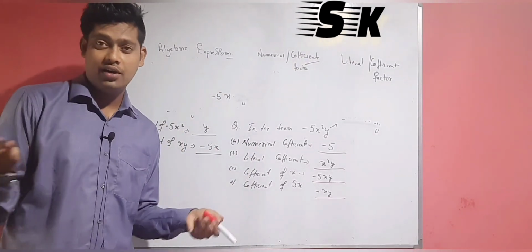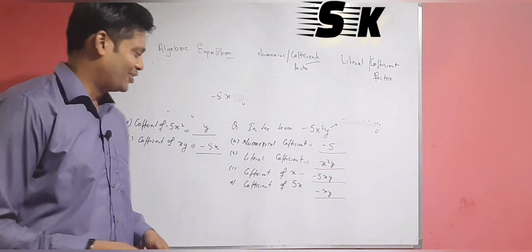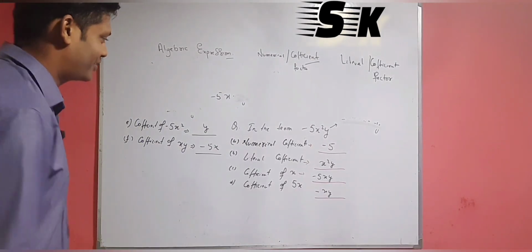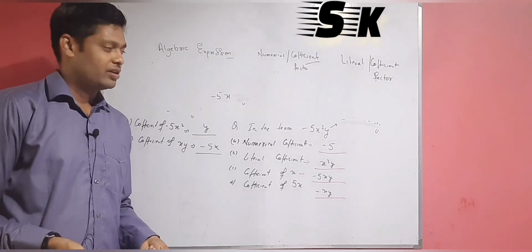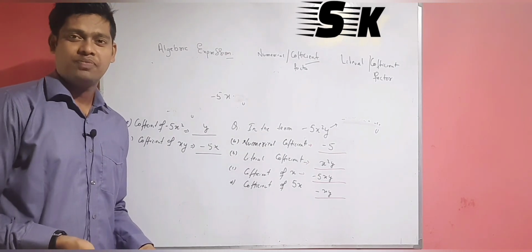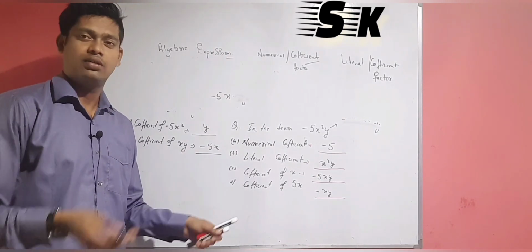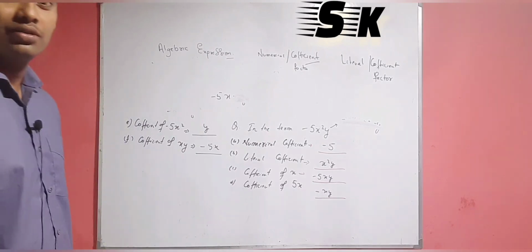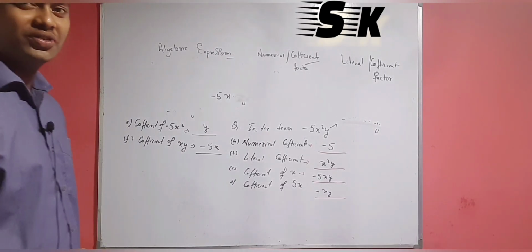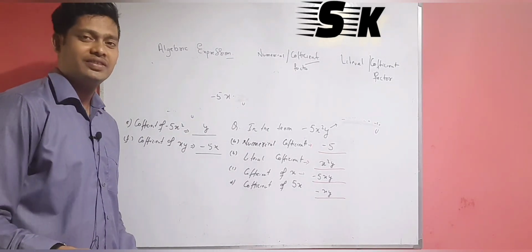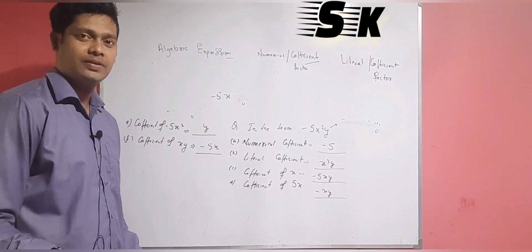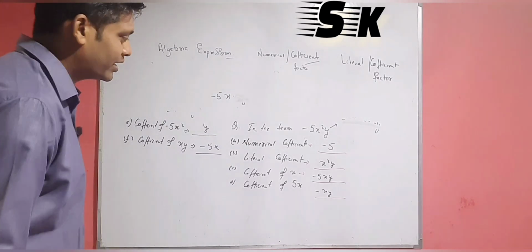Easy, no? Okay, this is very important. The question will be like this only. If the question comes like this, use your left hand and your right hand. Understood? Okay, so next one.